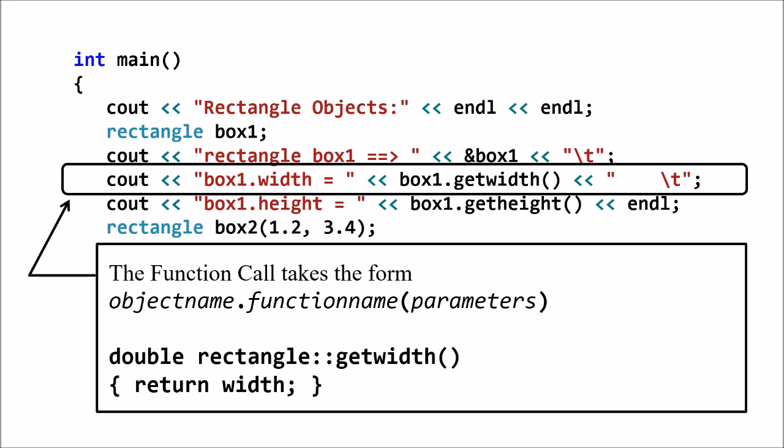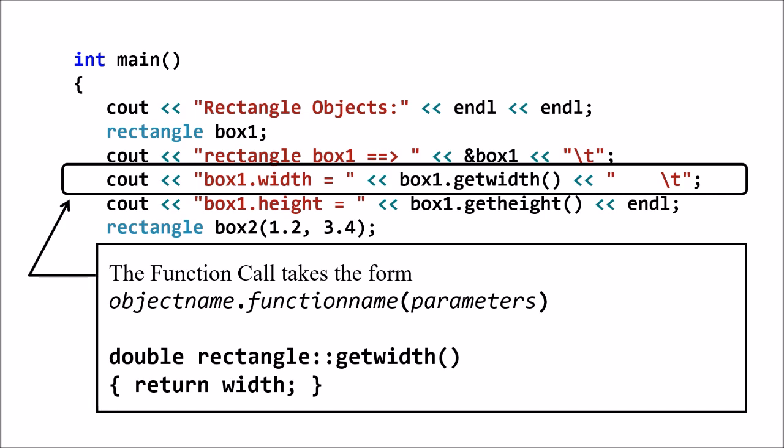First we have the object name, which is box1, which has been declared to be a part of the class called rectangle, then a dot, and then the function name is getWidth, and then the parameters that this function requires inside the parentheses. For this particular function, it takes no parameters, so the function call is simply box1.getWidth, and then open and close parentheses.